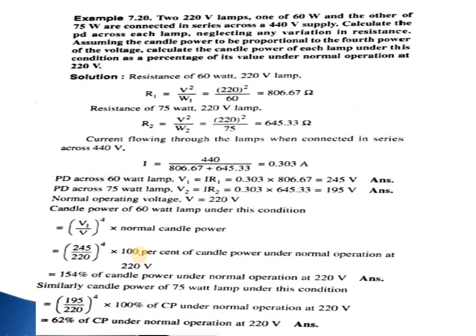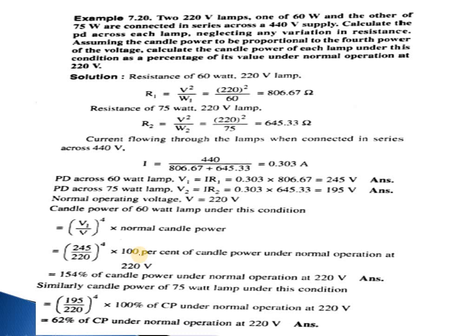Now we will take some problems related to illumination. Let us consider our first problem: two 220 volt lamps, one of 60 watt and the other of 75 watt, are connected in series across a 440 volt supply.